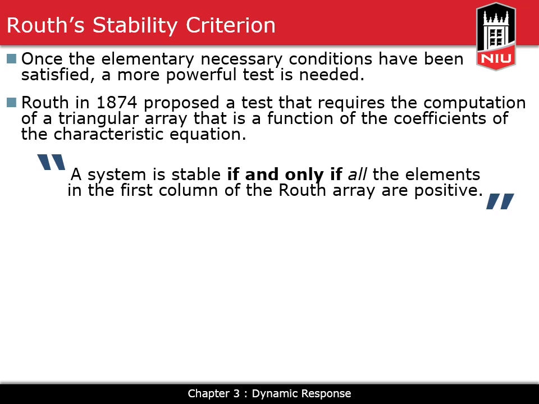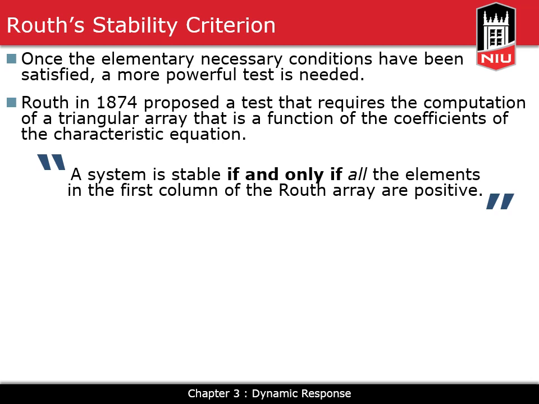We still don't know what the Routh array is or how to set it up, but here's the condition. It doesn't look so difficult. It's very simple. If we have the array with some numbers in it, we just have to check the first column, make sure that all the numbers in the first column have the same sign, or they're all positive. If they're all positive, then that means the system is definitely stable.